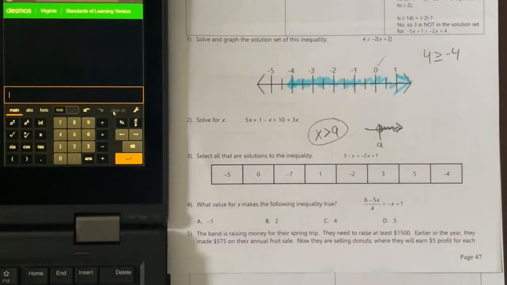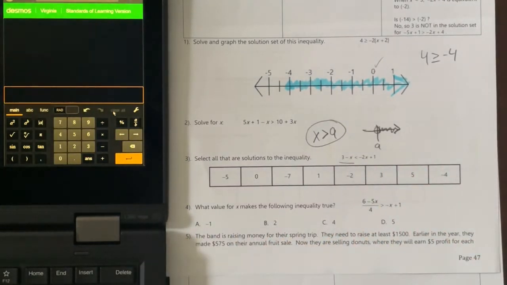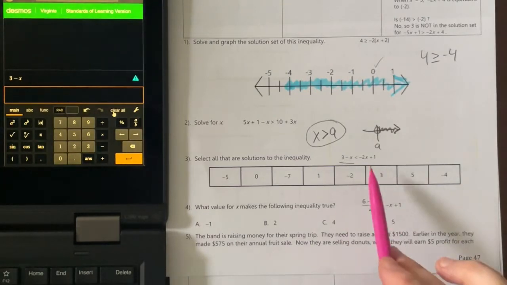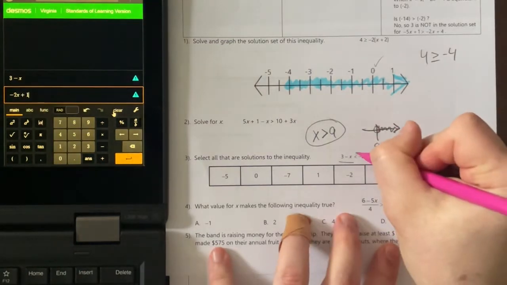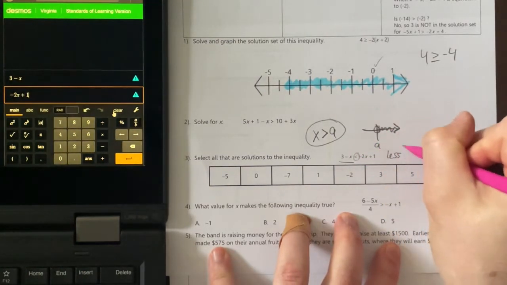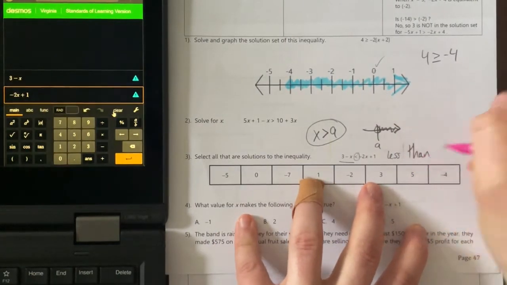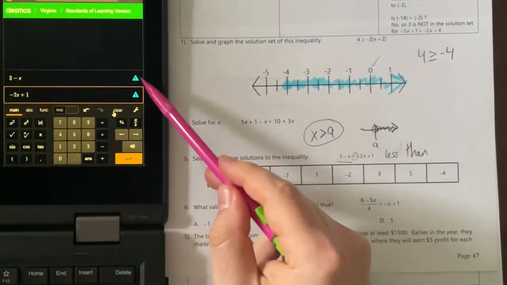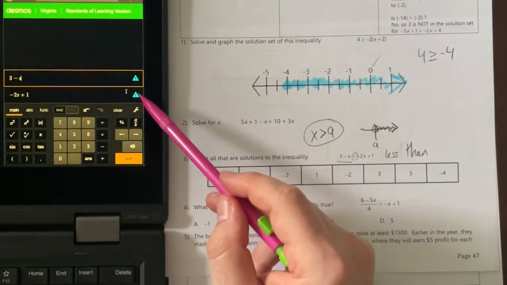I'm going to type it in exactly as it looks: the left side of my inequality, 3 minus x, and the right side, negative 2x plus 1. It has to be less than, so this first number on top has to be less than this bottom number.